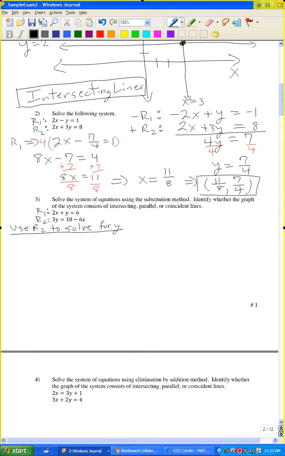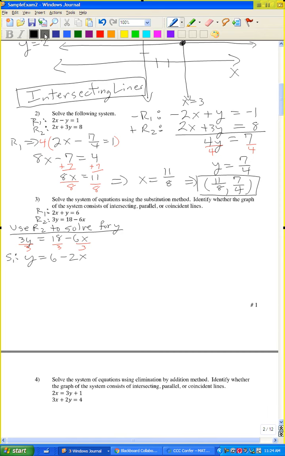So let's divide each of these terms by 3. And so you get that y is equal to 6 minus 2x. Let me call that equation S1.